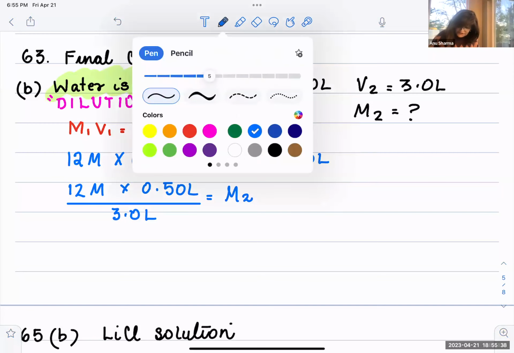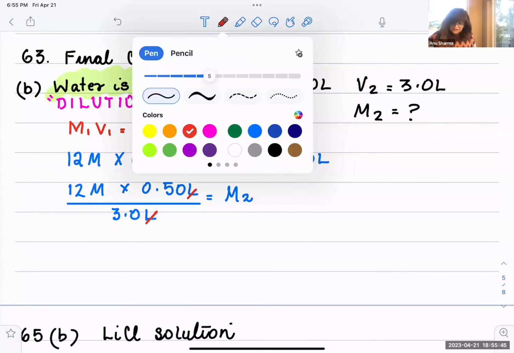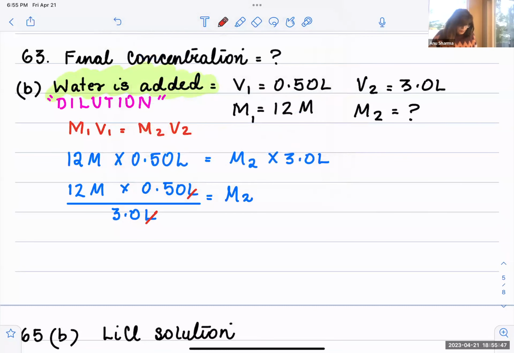Here we see that liters and liters cancel out, and the only other thing left is the molarity. So the rest is just math. 12 times 0.50 divided by 3 gives you 2. So 2 molar, that is the less concentrated solution, which has a molarity of 2 molar.